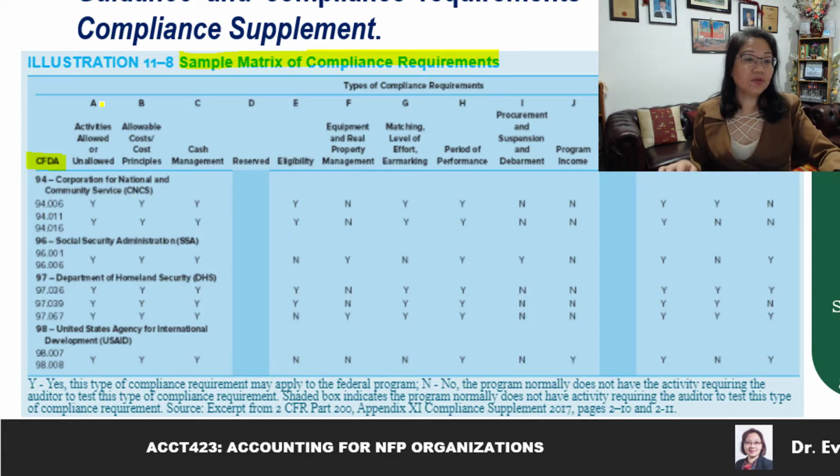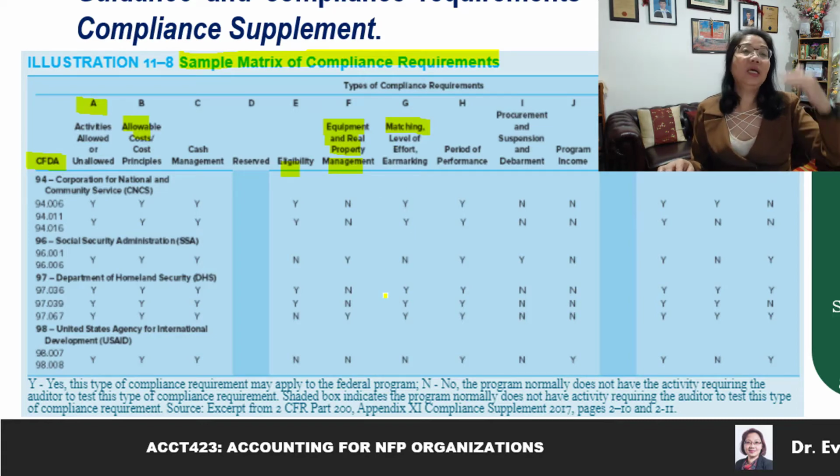So it says here for each, all activities, for example, in column A, all activities allowed or unallowed. Yes, Y for yes, and N for no. Allowable costs, Y, as you can see there. And then in other columns, you've got the different items such as equipment and real property management, eligibility, matching level of effort, earmarking, and the like.